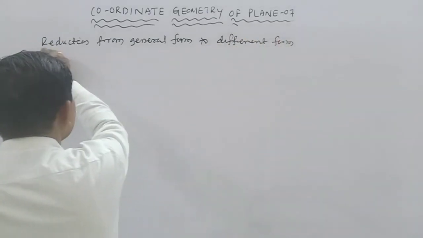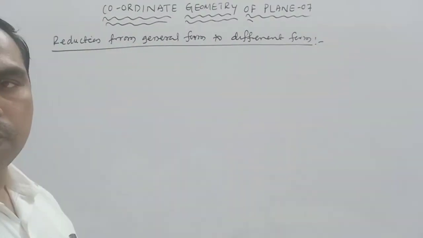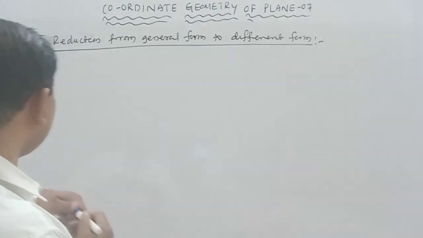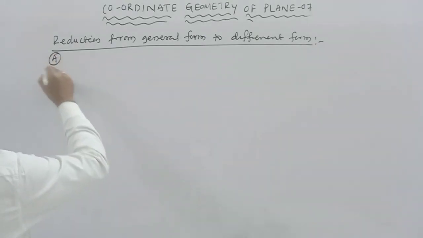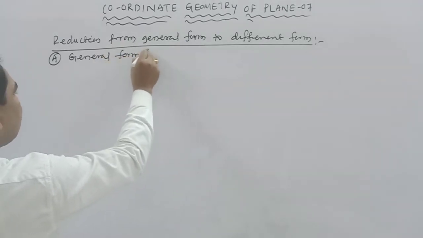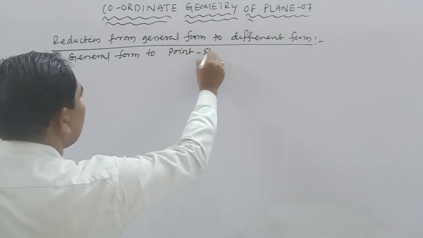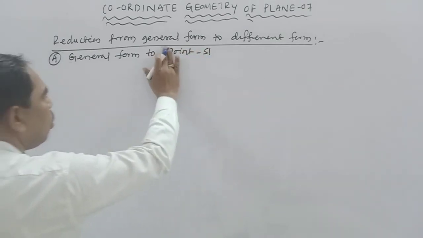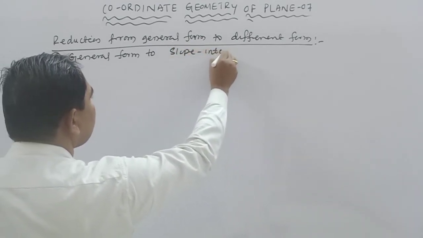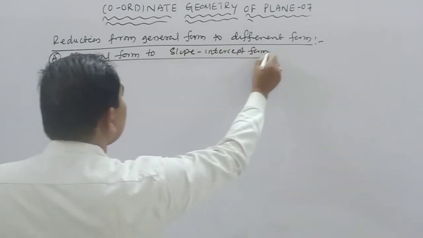So first, general form to point slope form, slope intercept form. Okay, slope intercept form.